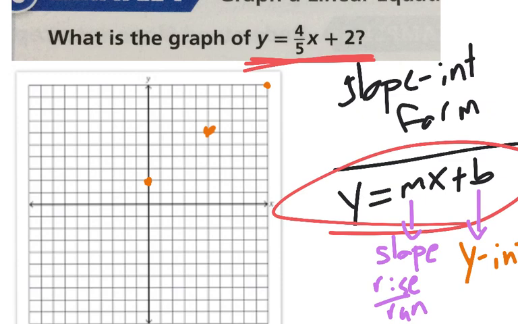Guess what else we can do from this point? We could go down and left. You see how that's still in line? So up and right is positive, down and left is also positive, because a negative divided by a negative is positive. So if I go down 4, right 5, puts me here, and then down 4, right 5.